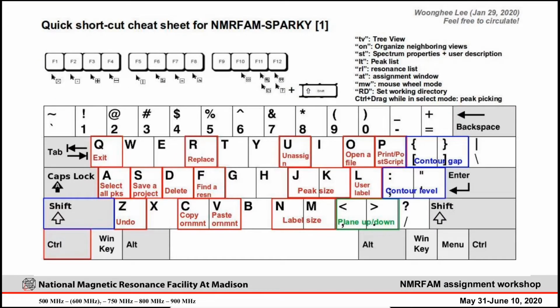So this is the quick shortcut cheat sheet for NMRFAM Sparky. Some of them, such as tree view, spectrum property, and VT, are things that we covered, and the icons. So F1 select mode, F11 zoom in, you see a different icon, and then F8 will be another one that you will be using for find and pick.